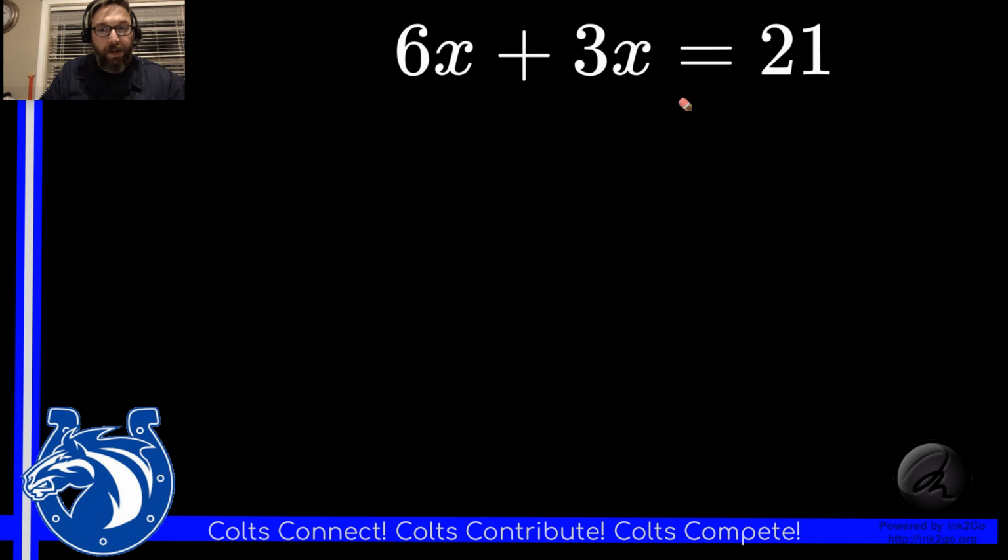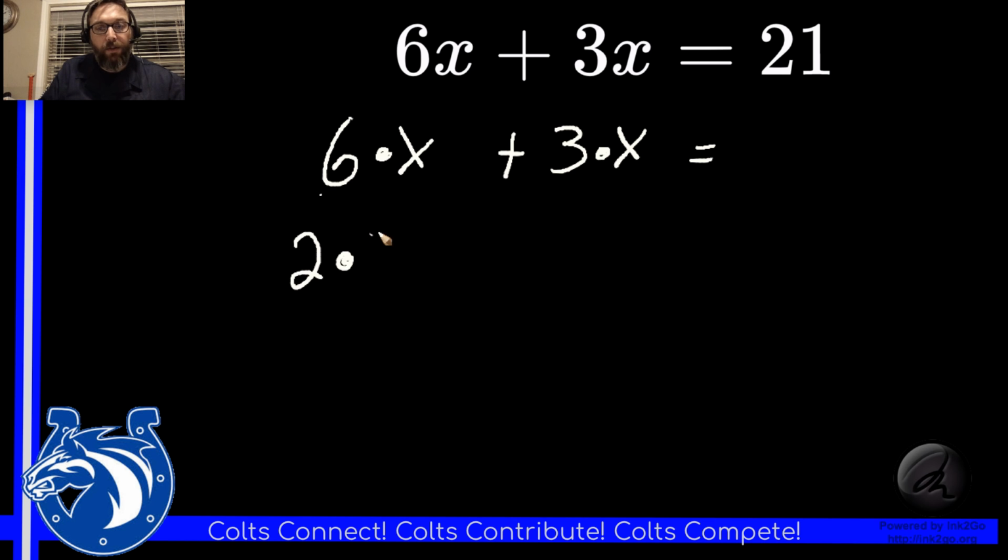6x plus 3x equals 21. Well, let's break this down. It keeps switching to eraser. Okay, so this is actually 6 times x plus 3 times x equals, well, we can pull out the 6 even further, can't we?